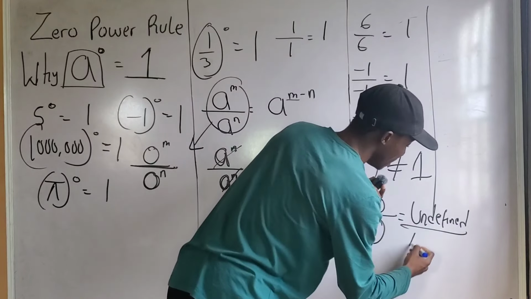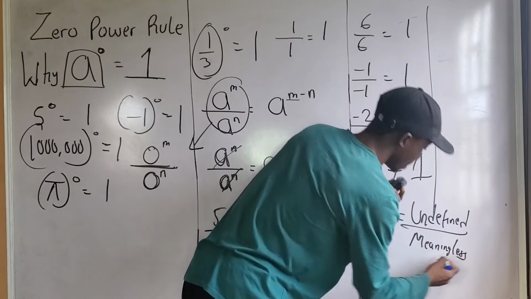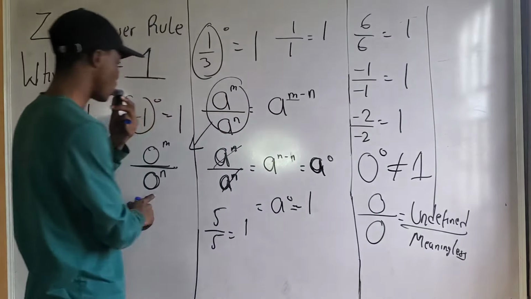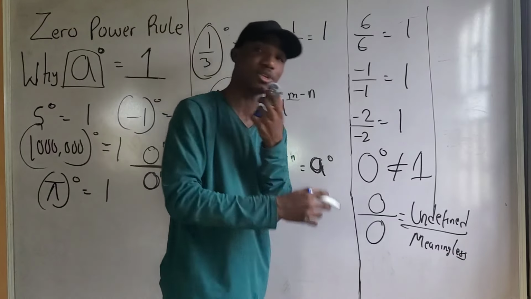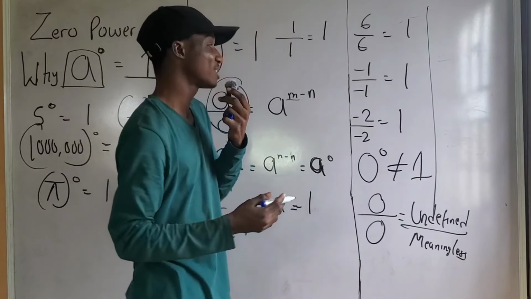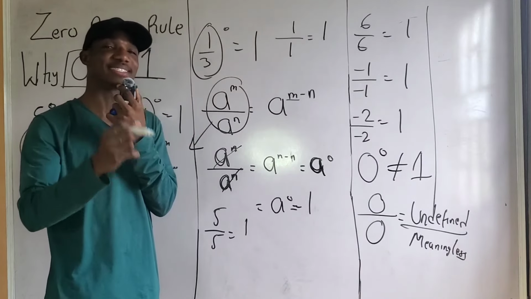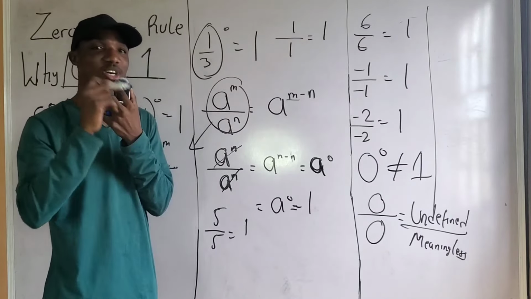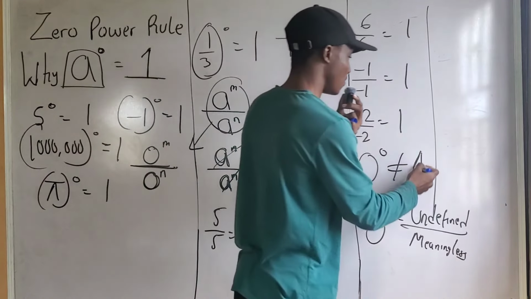You can also call it meaningless. Okay? So, because the denominator of this fraction will be 0, the result will be undefined or meaningless. Do you understand? So that is why if you raise any number except 0 to the power of 0, you're going to have 1. But 0 raised to the power of 0 will not give you 1.